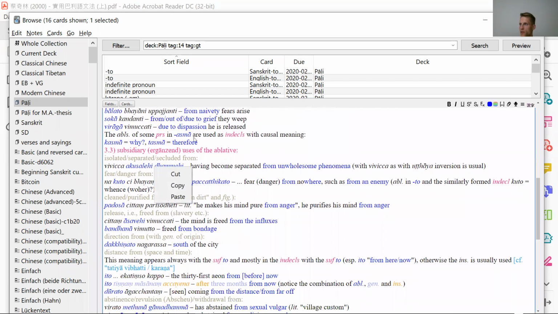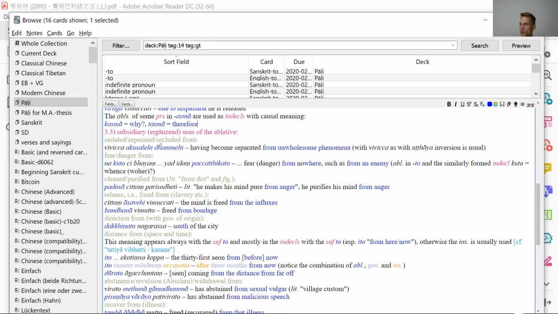So the ablatives of some pronouns in asmā are used as indeclinables with causal meaning. For example, kasmā, why, tasmā, therefore. Subsidiary uses of the ablative, meaning complementary: isolated or separated or secluded from. Vivicca akusalehi dhammehi, having become separated from unwholesome phenomena.